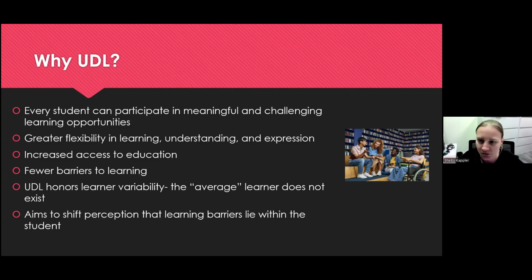Every student is different and is an individual and should be recognized as such. The UDL principles also try to shift the idea that learning differences and learning deficiencies lie in the student, where oftentimes it is within the environment or how information is presented that can cause problems at times.